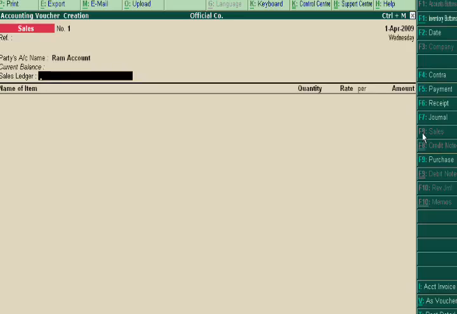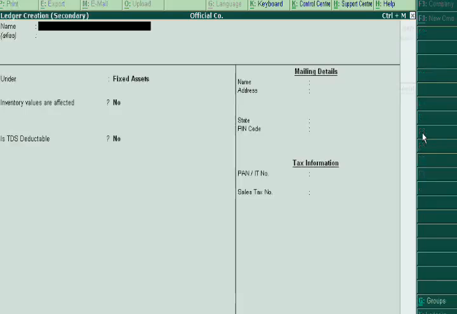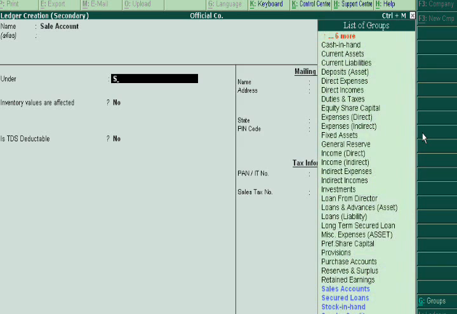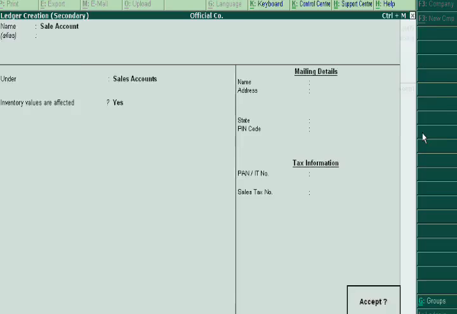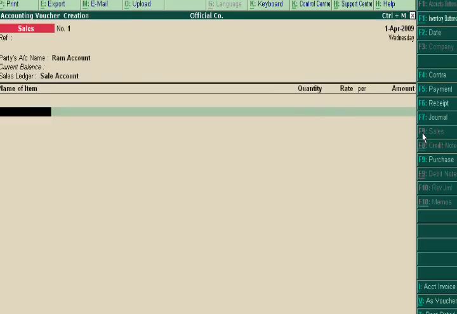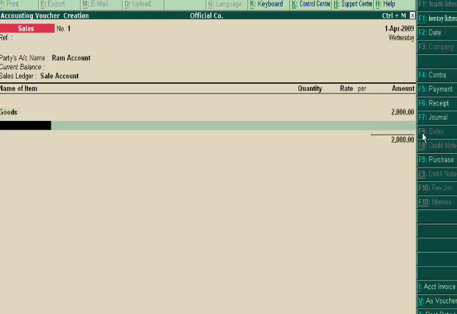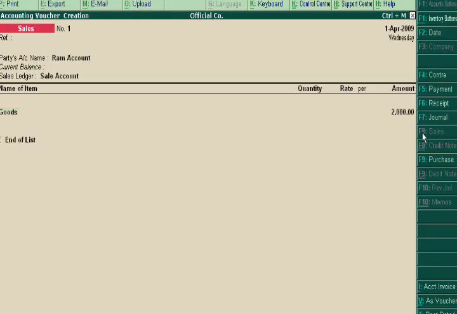Sale, there is no sale ledger, so we have to create it by pressing Alt plus C. Sale account, under sale account, yes, accept it. Same goods if we sell of 2000, we will show it, accept it.